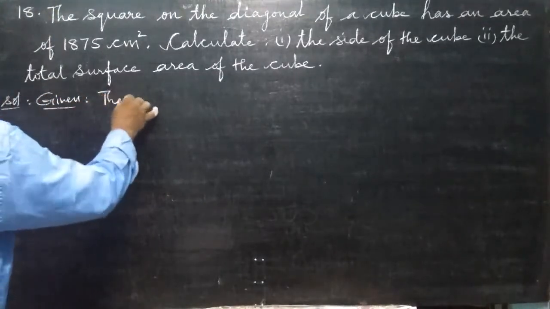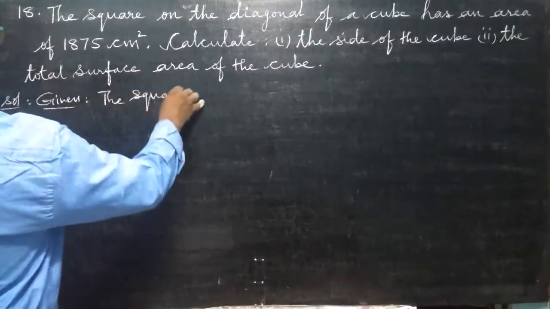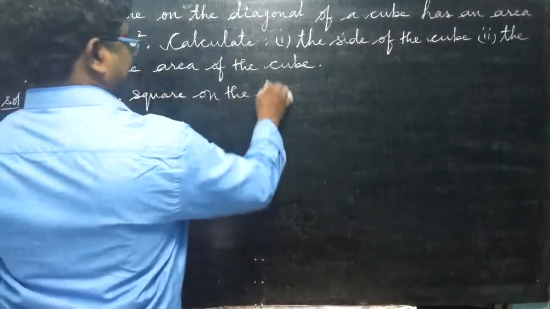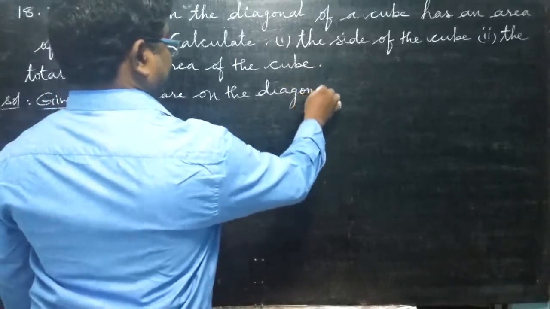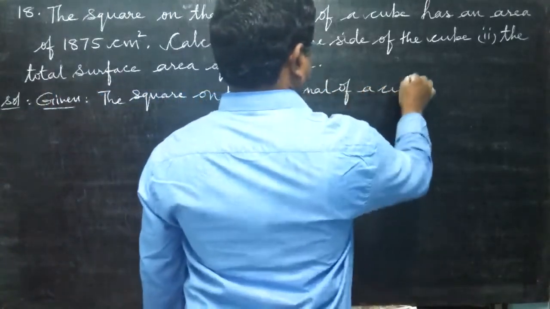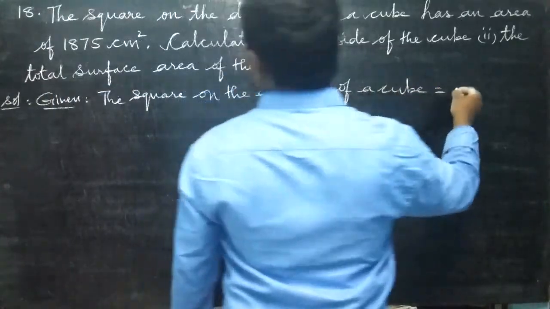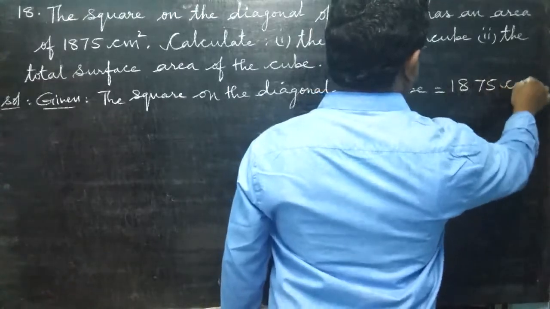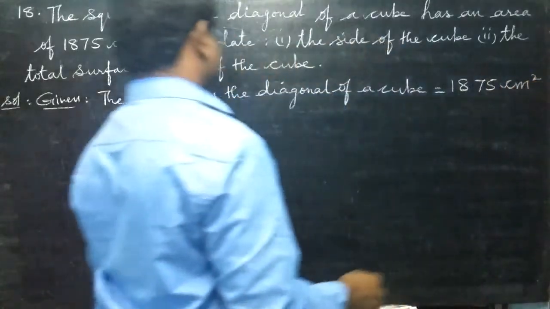The square on the diagonal of a cube is equal to, how much they have given? 1875 centimeter square they have given.